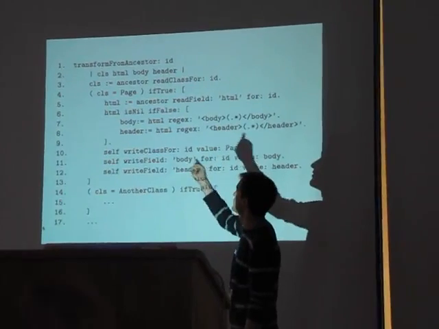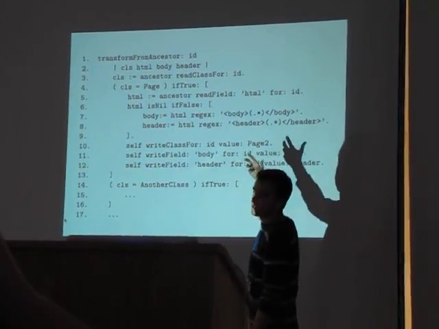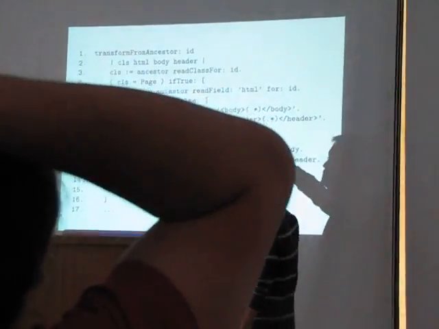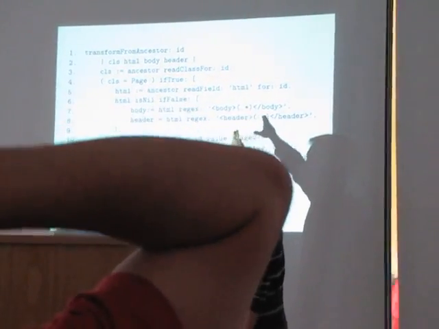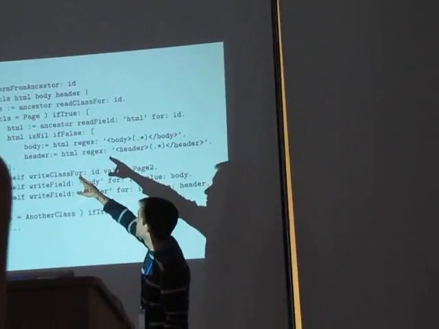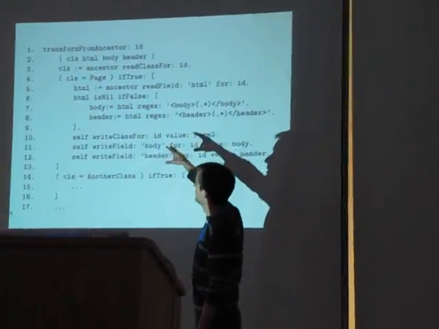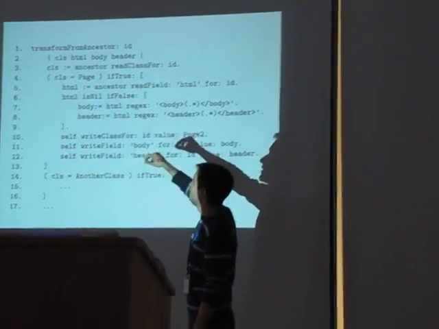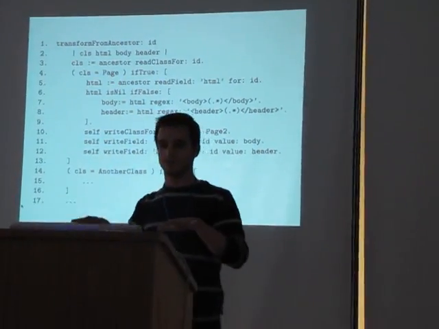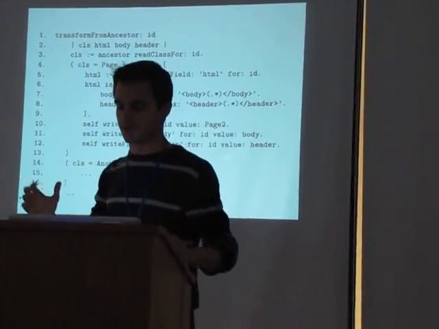We have the old context and the new context, and you can manipulate the object and adapt them manually. So here, I would read the HTML for an object, store that in the variable HTML, then I can split it with a regex, and I can assign the body and the header in this new representation of the object. For the application, you just manipulate the object as usual.